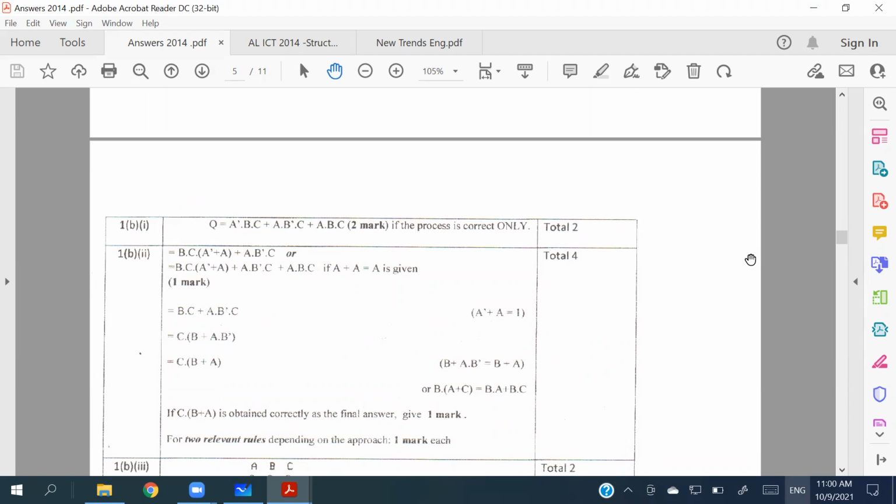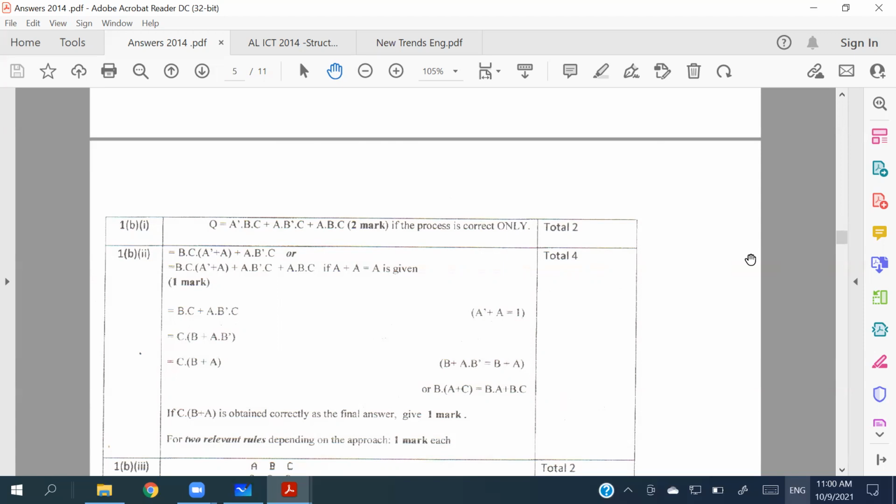Okay. So then they're asking you to simplify it. They have clearly said simplify the Boolean expression obtained in section B1 above using Boolean algebra. So you can't use a K-map. Clearly show all the workings and Boolean algebraic rules used for the simplification.